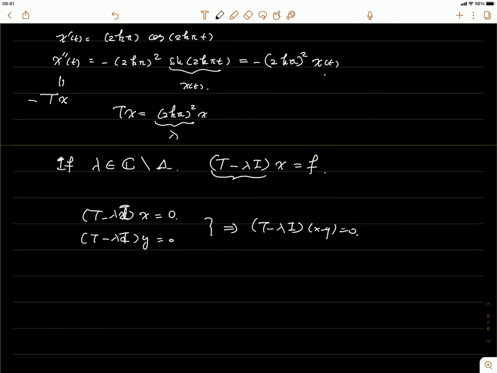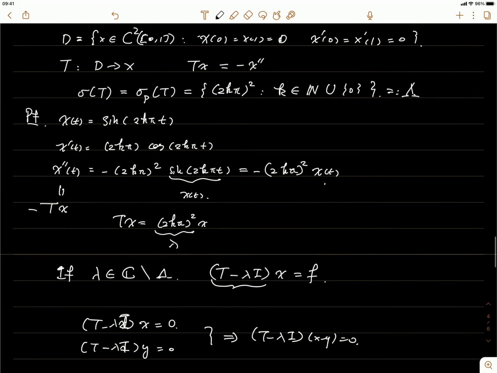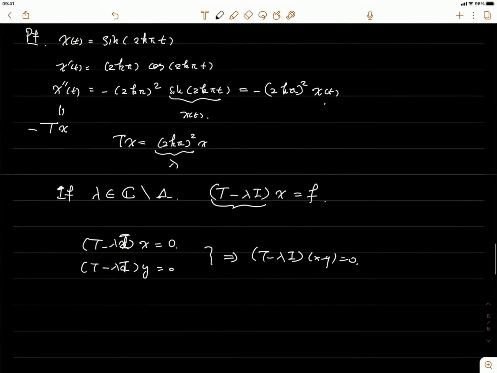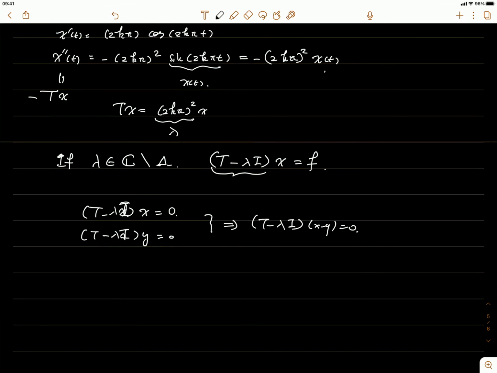But since the boundary conditions we have here, there is only a unique solution for this case, and the unique solution is 0. So that means x minus y must be equal to 0, and this means that x equals y.